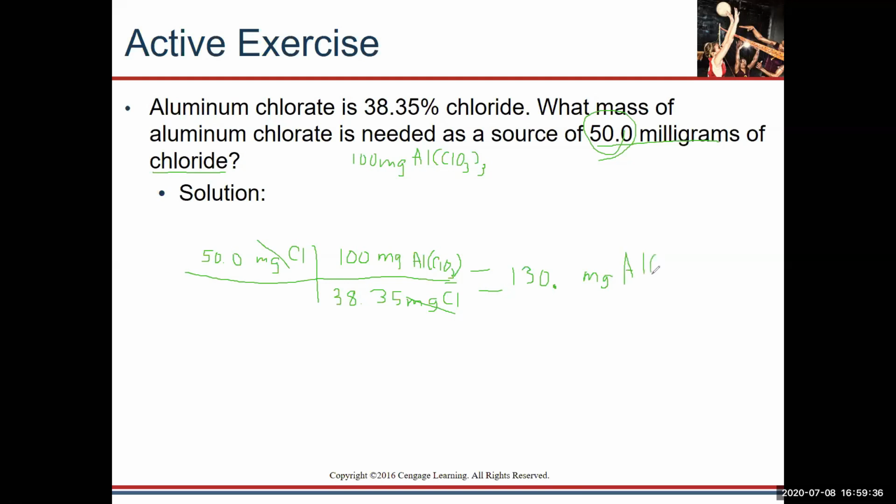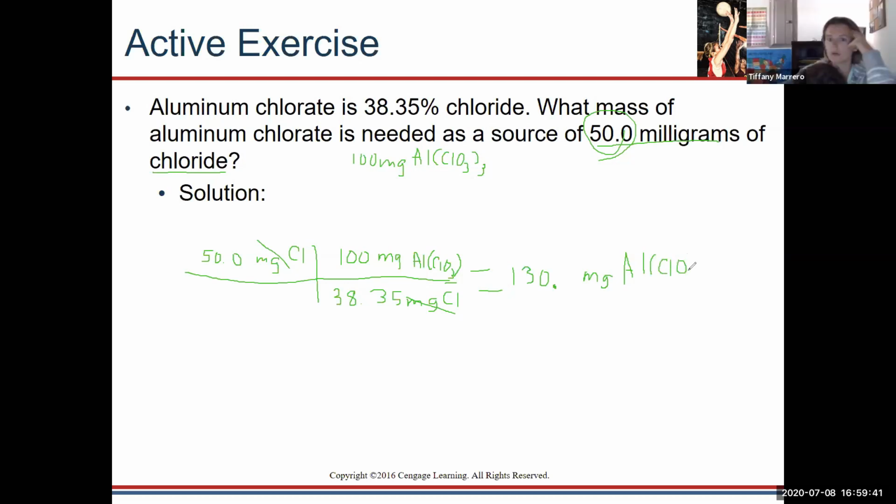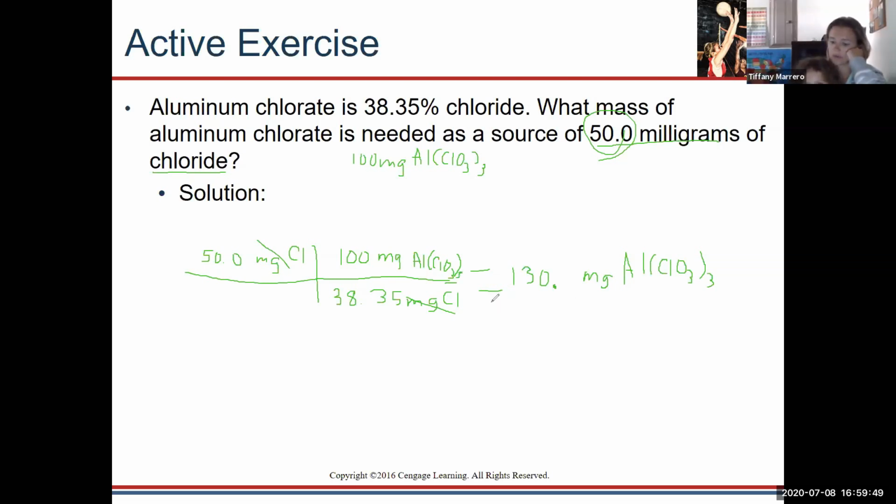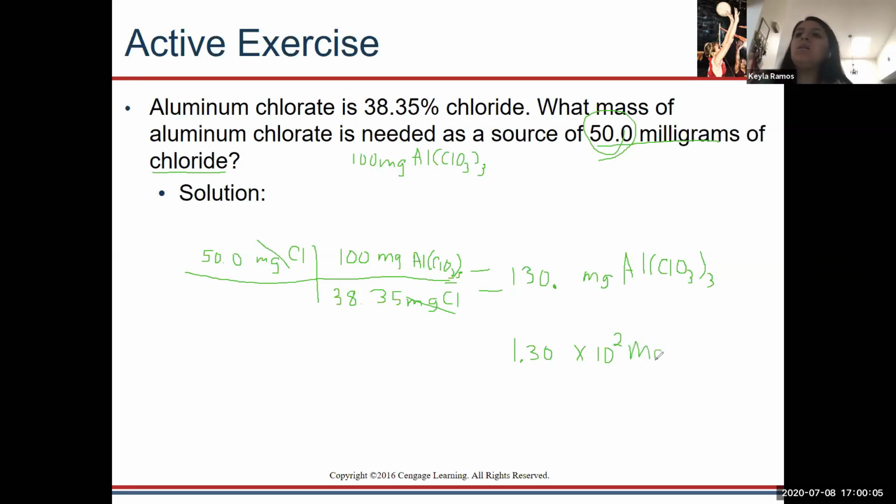And then aluminum chlorate. That's actually pretty easy. I was looking at the percentage. Or I could also write it as 1.30 times 10 to the second milligrams of aluminum chlorate.